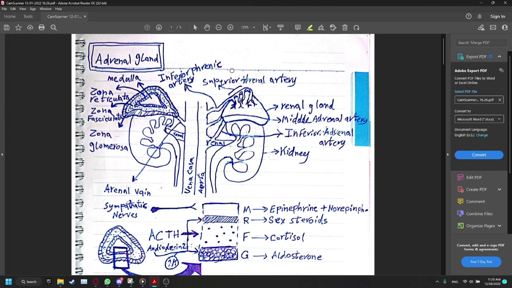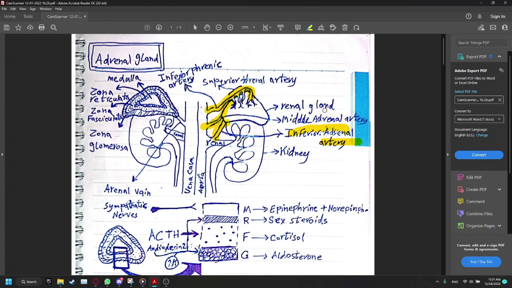In terms of the arteries, we've got the middle adrenal artery, the inferior adrenal artery, and the superior adrenal artery, which is a branch of the inferior phrenic artery. That's very much it in terms of the arterial supply.